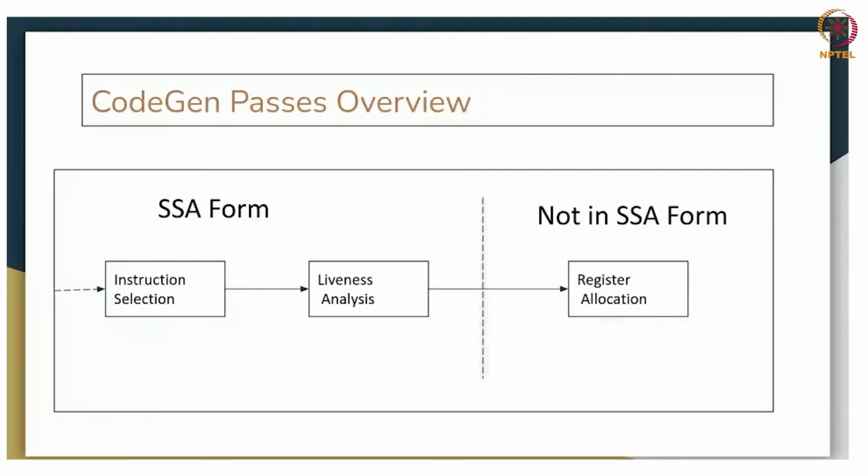This is where phi elimination comes in. It was covered in the previous lectures. It creates copy statements at the end of the basic block, and the phi instruction is replaced by copy statements. So it need not increase the register pressure.